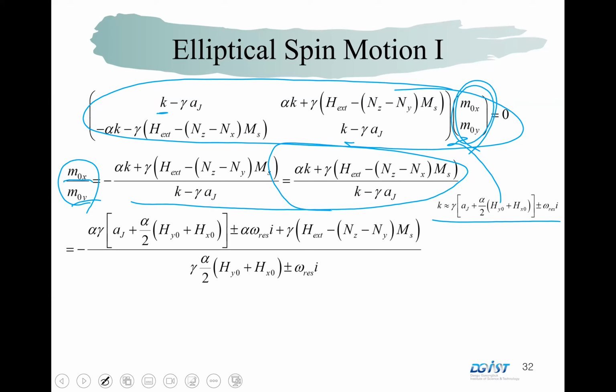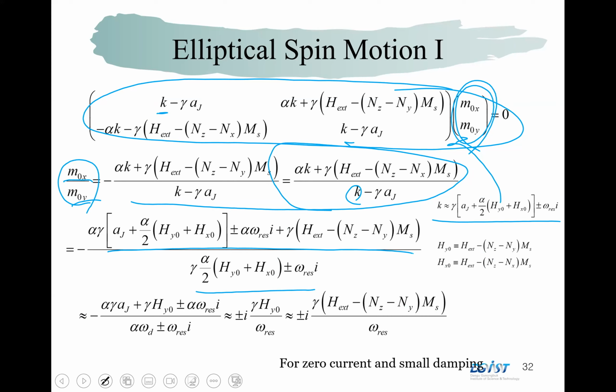Okay, and if you put it back into our common equations, the k values, we have this very complicated form of the equation. But if you introduce more approximation, this is nothing else but the damping coefficient, the damping alpha, with the frequency, and the numerator can also be expressed in a simpler form here.